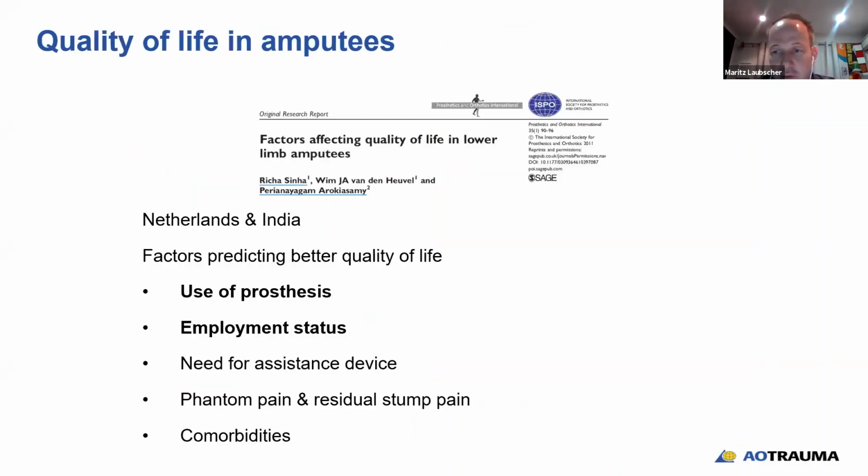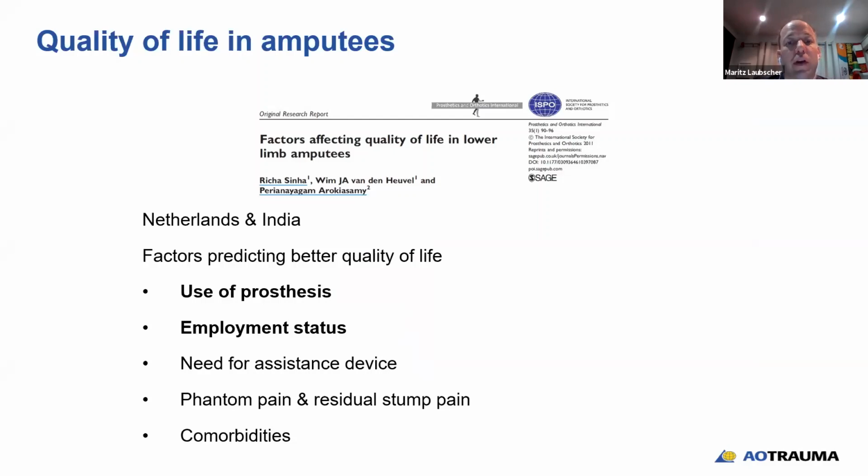There's actually very little written on amputation, especially in developing countries. This is quite a nice study where they had two countries participating, a developed world country, the Netherlands, and a developing world country, India. And they looked at the factors that predicted better quality of life in amputees.